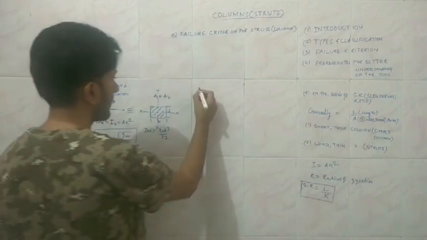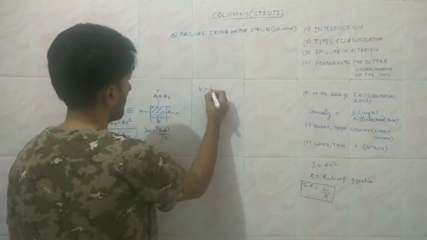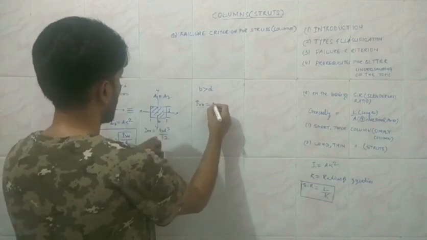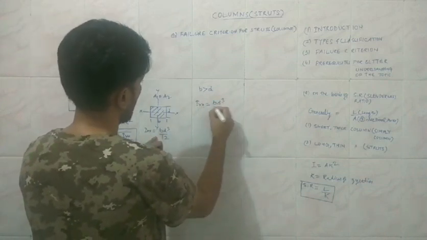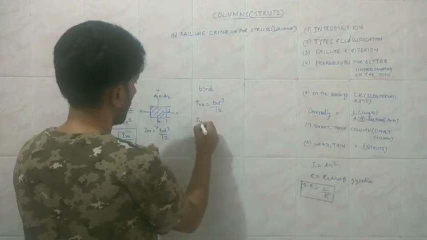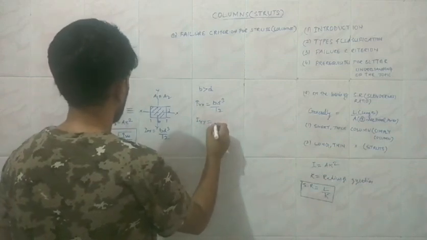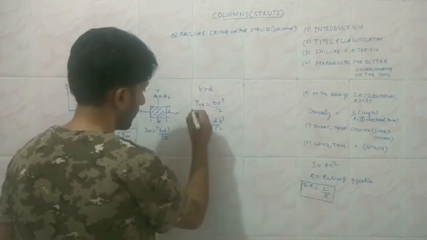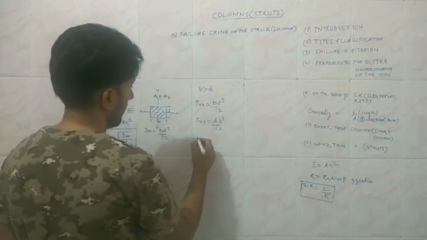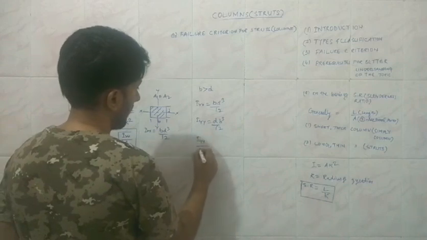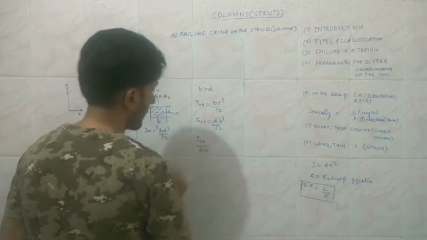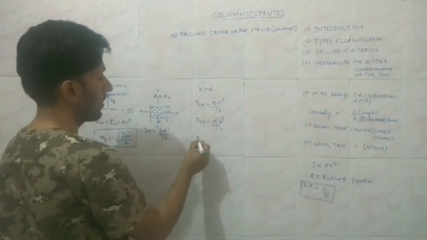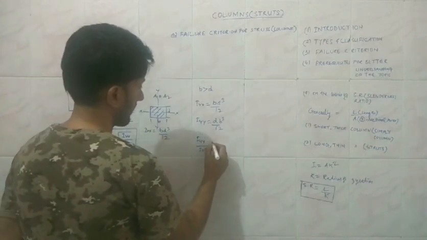So let us calculate in this case, where b is greater than d. Then Ixx is equal to bd cube upon 12, which I have already calculated, and Iyy is equal to db cube upon 12. If we take the ratio Iyy upon Ixx, and this ratio is greater than 1, then obviously the moment of inertia about the y-axis is greater than Ixx.